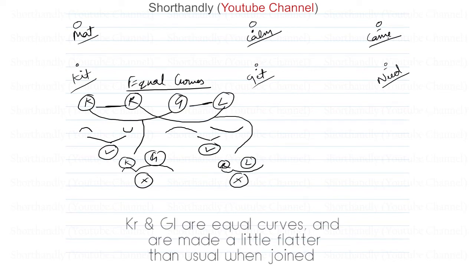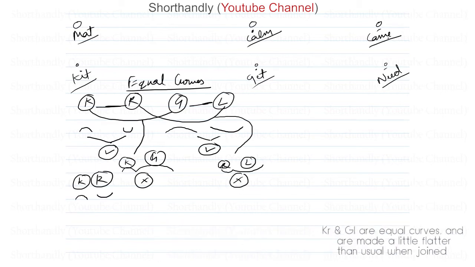If we take K and R again, K is made like this and R is made like this. If we join these two, instead of making the whole character like this, it will be made like this. It's simply saying that it has to be a little flatter.